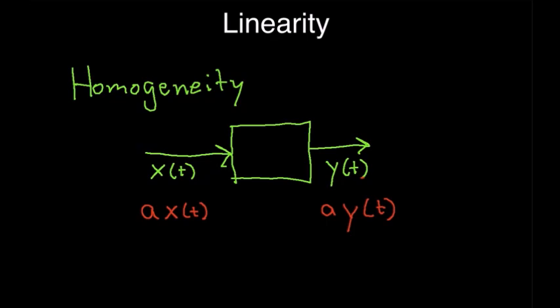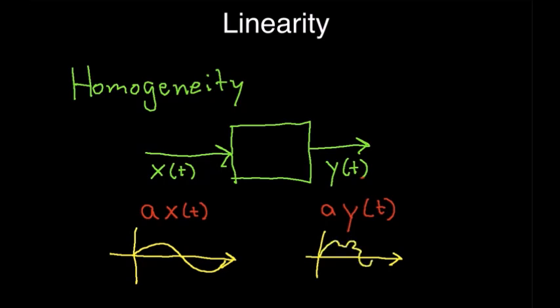So conceptually what this means is if I have a particular input, let's just assume for now it looks something like a sinusoid, and this input leads to a particular output, say something that looks like this. If I take my input now and scale it by a factor of a, in this case let's make a be about 2 so the input gets twice as big, then the thing that happens to the output is it's twice as big.